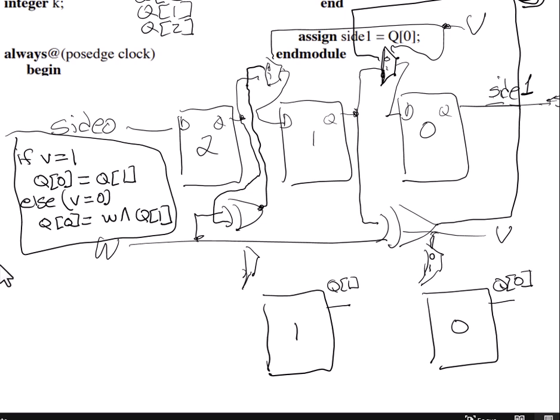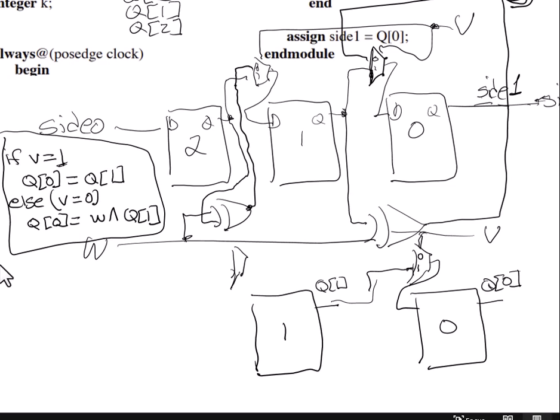Sometimes you draw it above, sometimes below. It says if V is 1, then Q0 needs to be Q1. That means that if V is 1, I have to have Q1 going into the 1. And my output here is Q0 because this whole part is defining what Q0 is.